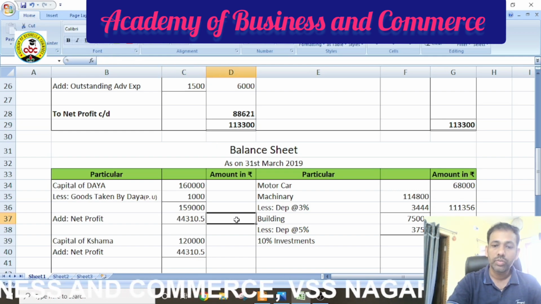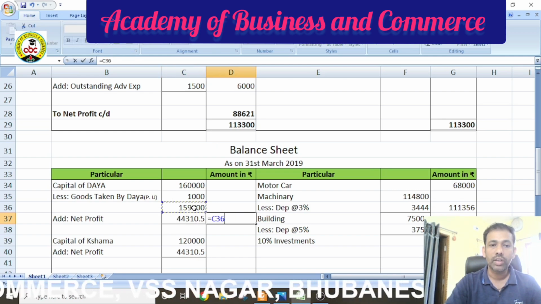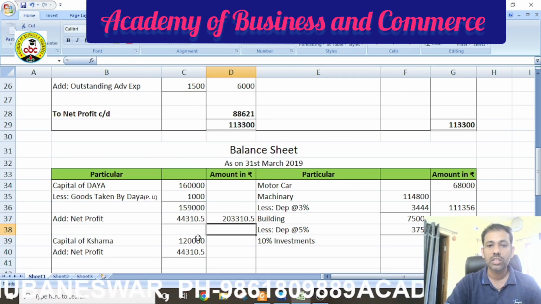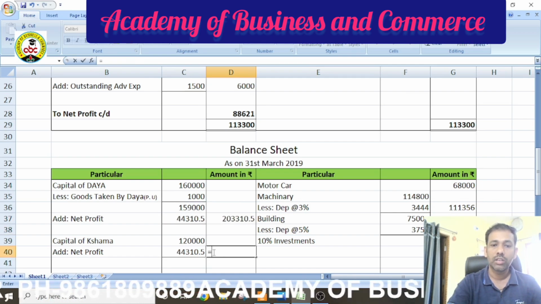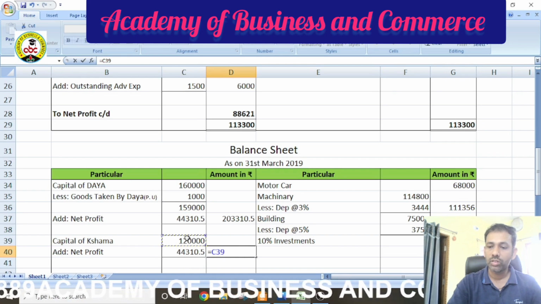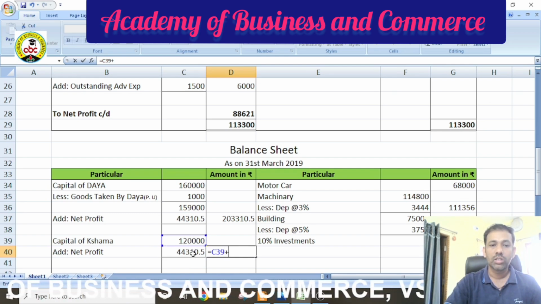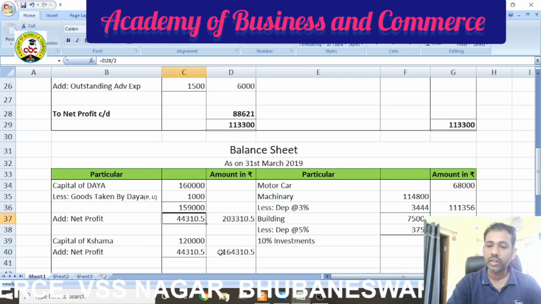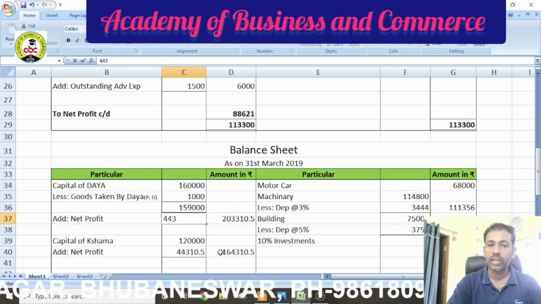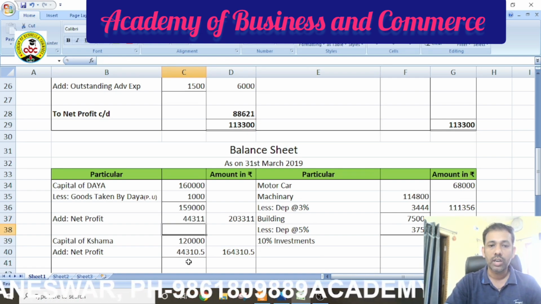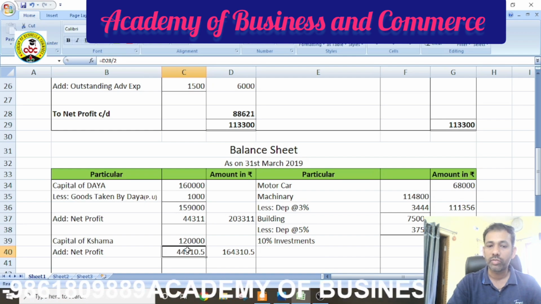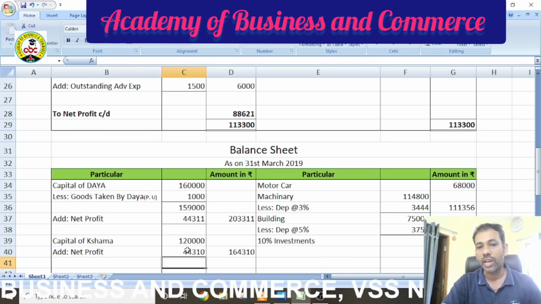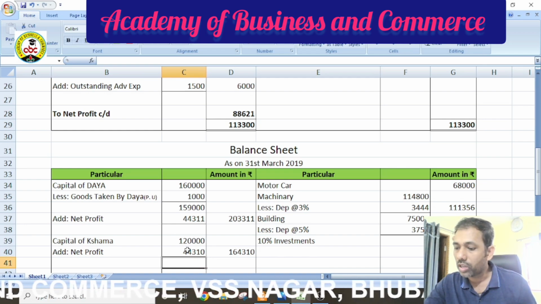So the amount of Daya is 1,59,000 plus our profit figure, and the decimal figure if you check it, make the adjustment. So 44,311, 44,311 if I put here and take this as 44,310, then our target is matched. So it is fully equivalent.